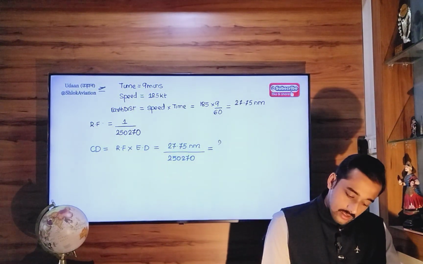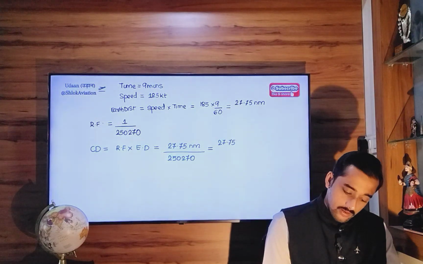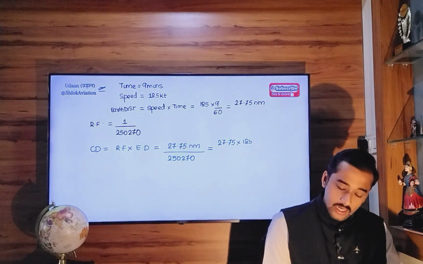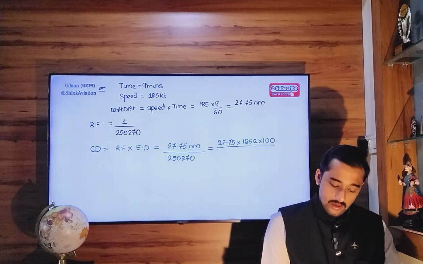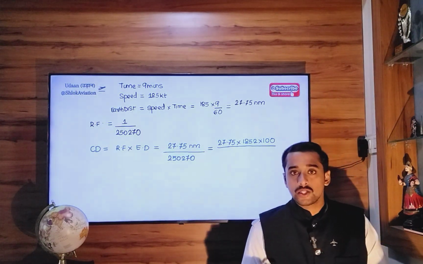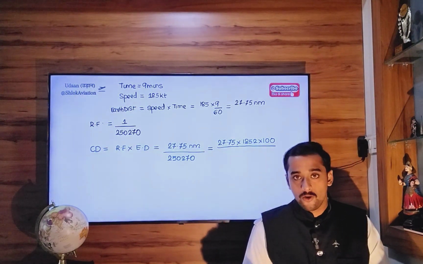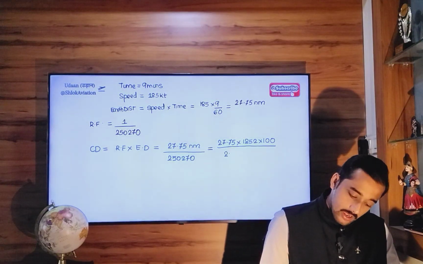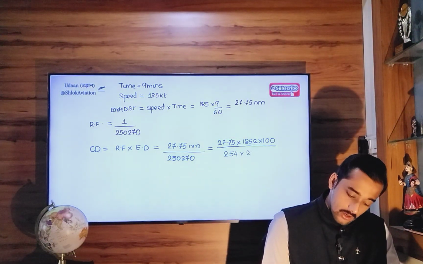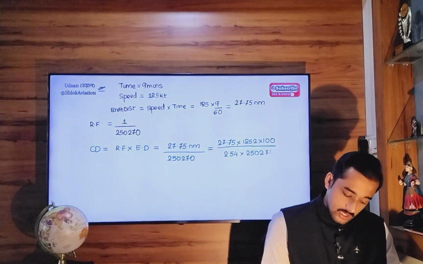So 27.75 into 1852 meter into 100 centimeter. Then converting centimeter into inches, you divide by 2.54. So divide by 2.54 into 250,270.